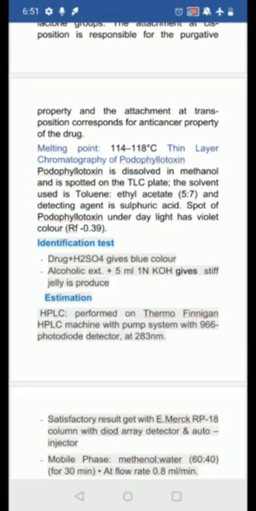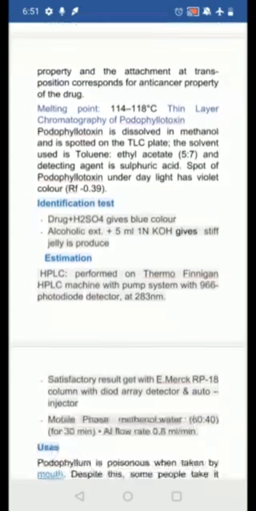It is going to produce a violet color, which has an Rf value of 0.39. Coming to the identification tests, if you treat the drug with H2SO4, it is going to give blue color. Another test: the alcoholic extract of podophyllotoxin plus 5 ml of 1 normal potassium hydroxide is going to give a stiff jelly mass.